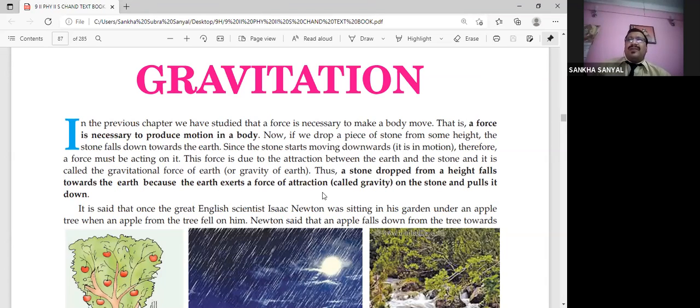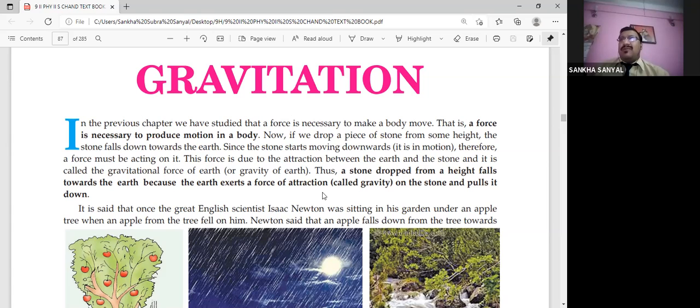When we talk about gravitation, it reminds me of a very famous story that every topic of gravitation starts with. It was Sir Isaac Newton. He was sitting in a park and he found that an apple fell down from a tree. When the apple fell, he took the apple and started thinking, why did it come down?